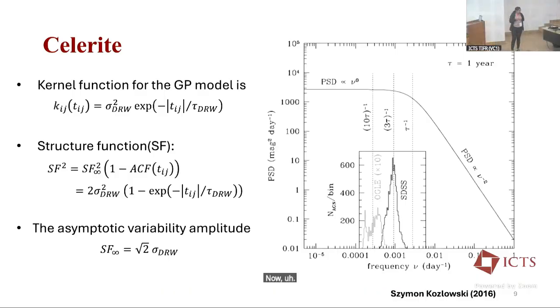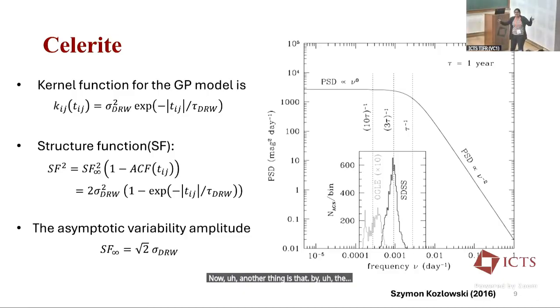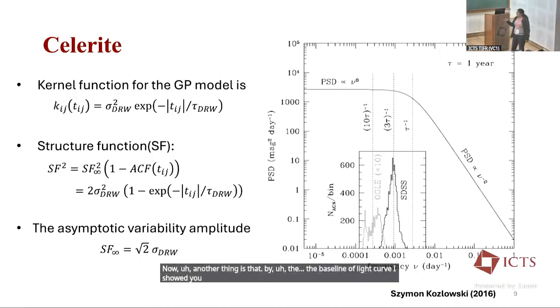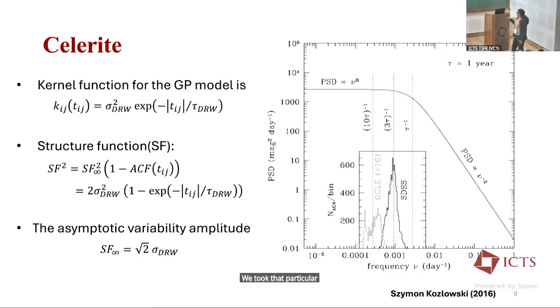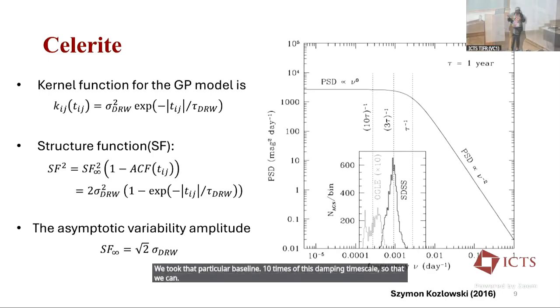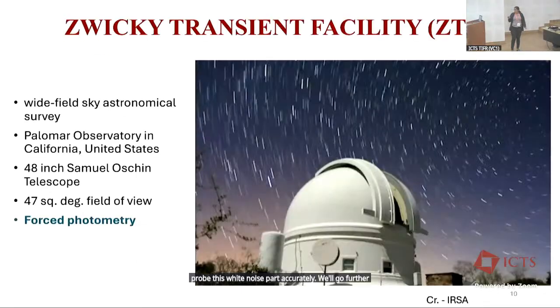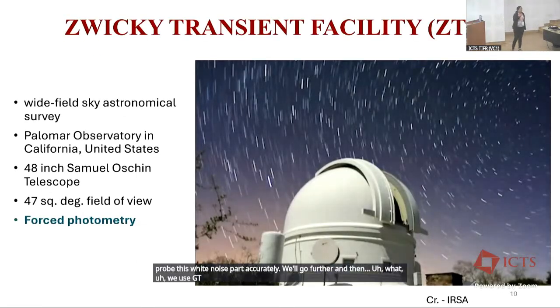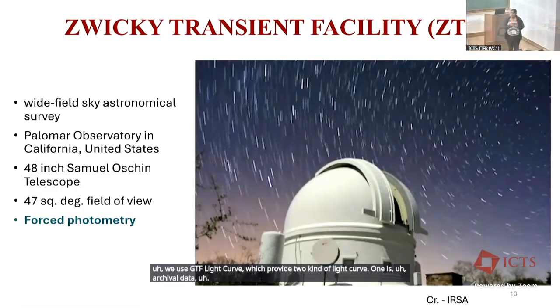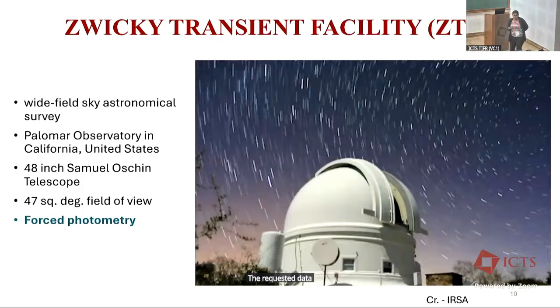Now another thing is that for the baseline of the light curve I showed you, we took a baseline 10 times this damping time scale, so that we can probe this white noise part accurately. We'll go further, and then we use ZTF light curves, which provide two kinds of light curve. One is archival data that we can see directly from the site, and another is the requested data, which is forced photometry data.